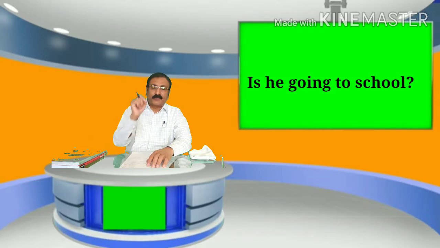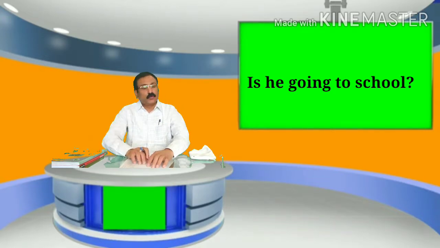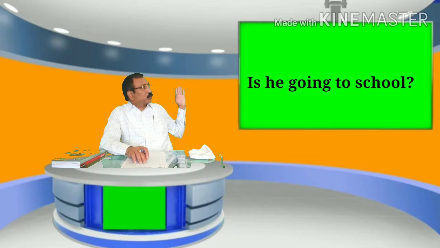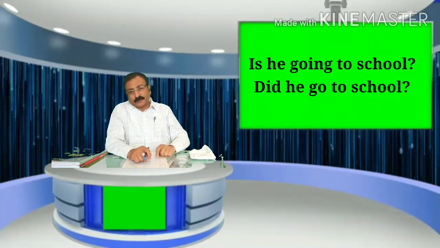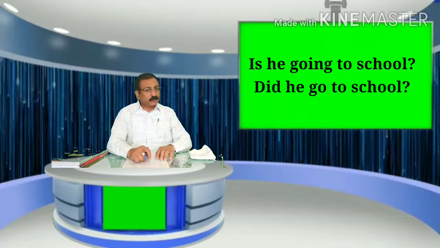For example, if you look at the interrogative sentence, "Is he going to school?" If you look at this sentence carefully, it begins with the auxiliary verb "is."